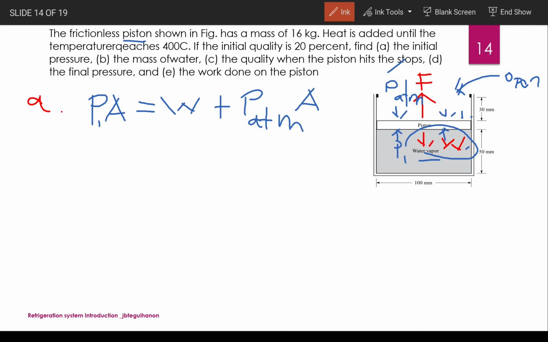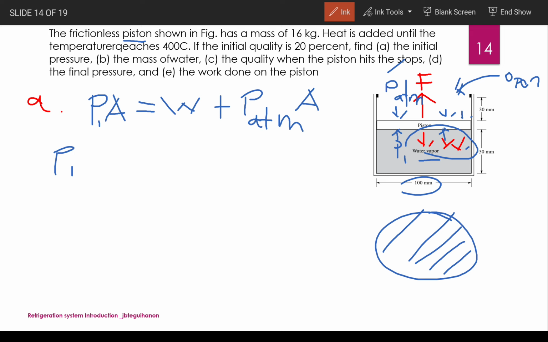So if we plug in these values, then we get P1. The area here is the area of your cylinder, which also comprises your piston, with this diameter.